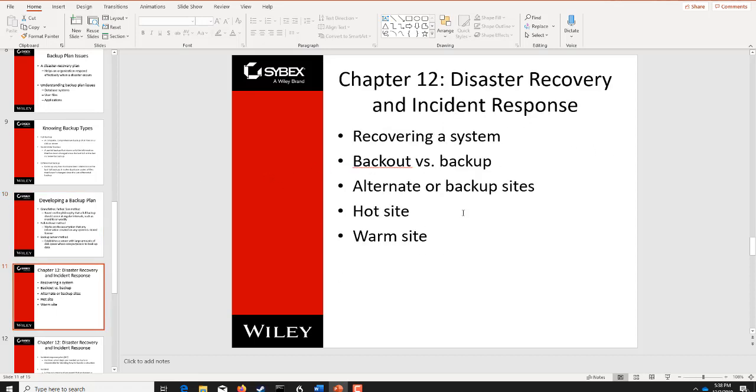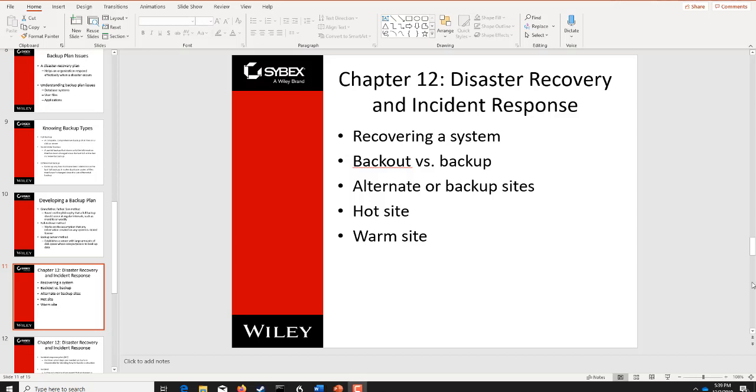Disaster recovery and incident response. The keys here are going to be with recovering a system and ensuring that it can be recovered, that a backup is available and usable. That is a big problem. That's why you have to test your backups all the time. Then there's the concept of backout versus backup.